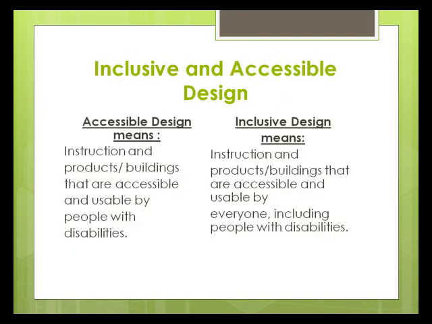Inclusive and accessible design. Accessible design means instruction and products/buildings that are accessible and usable by people with disabilities. Inclusive design means instruction and products/buildings that are accessible and usable by everyone, including people with disabilities.